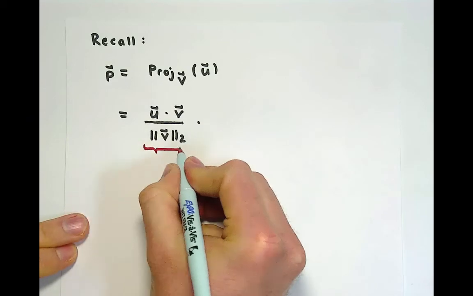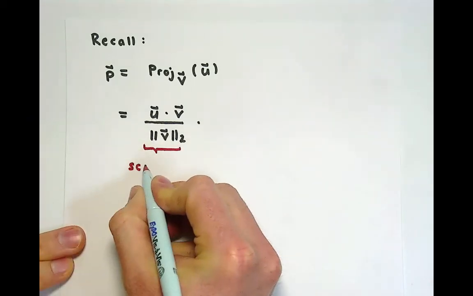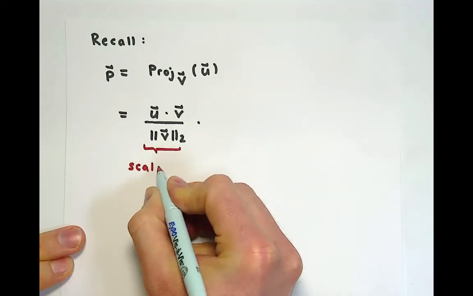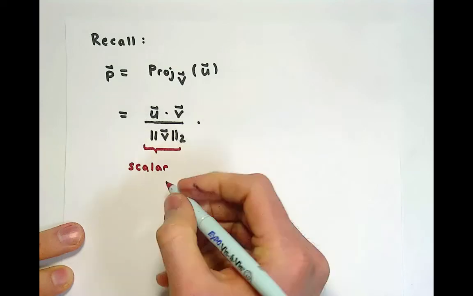Another way to think about this is it's the amount of the unit vector in the direction of v that you need to travel to get directly orthogonal under u.